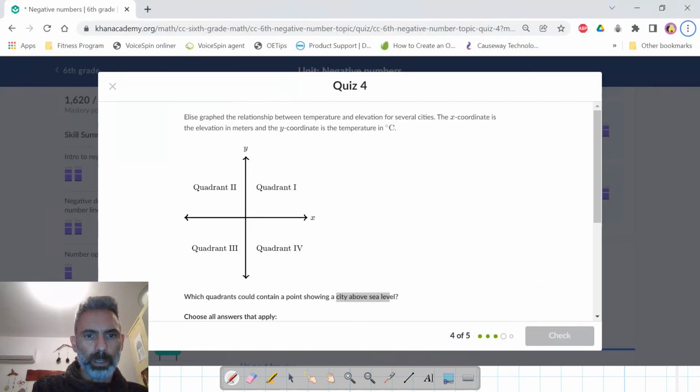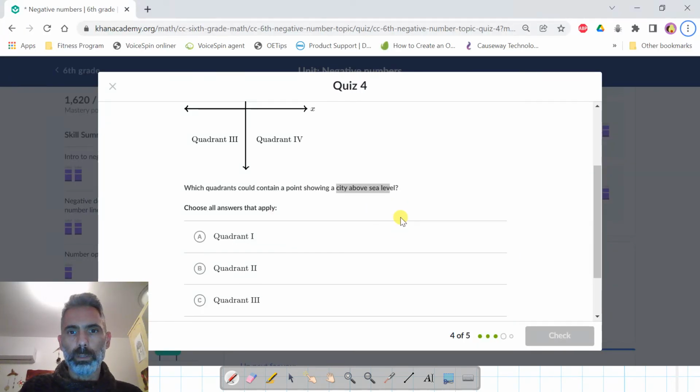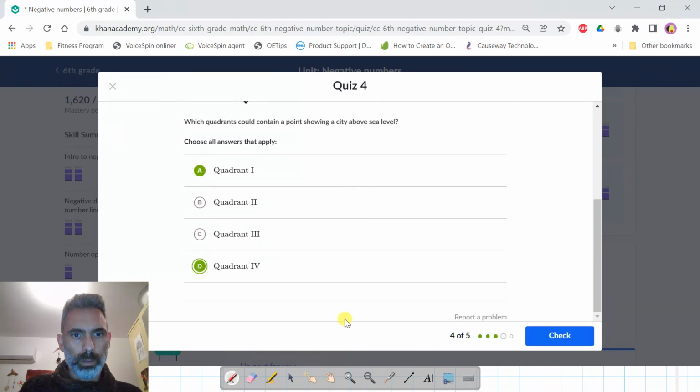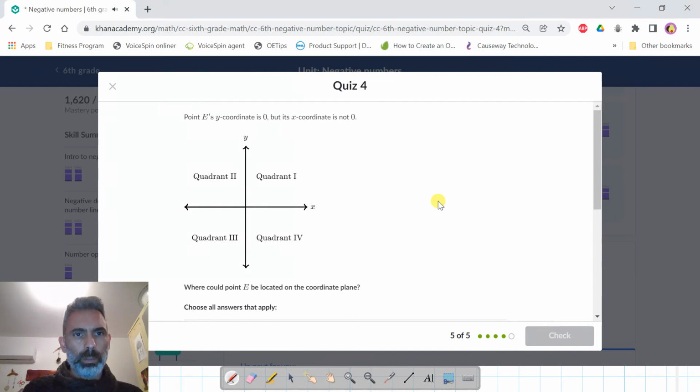But they are asking about a city above sea level, so it's to the right of the 0 on the x-axis. So it's either quadrant 1 or quadrant 4.